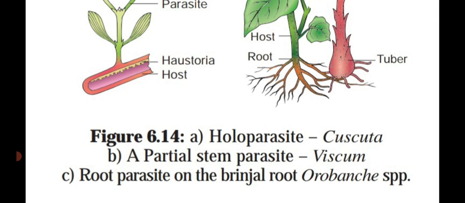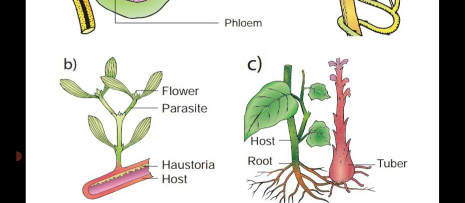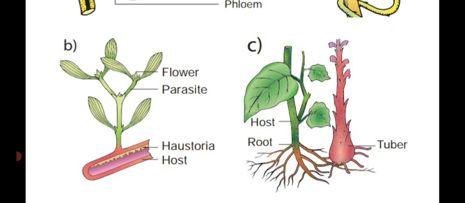In the Brinjal root, there is another organism known as Orobanche species. This Orobanche species is present in the root region as a parasite. So this is said to be a root parasite. Example, Orobanche. See this one. The green stem with the leaf is the Brinjal plant.